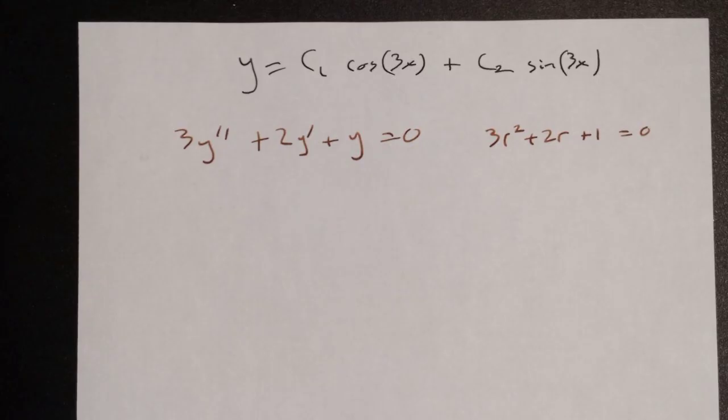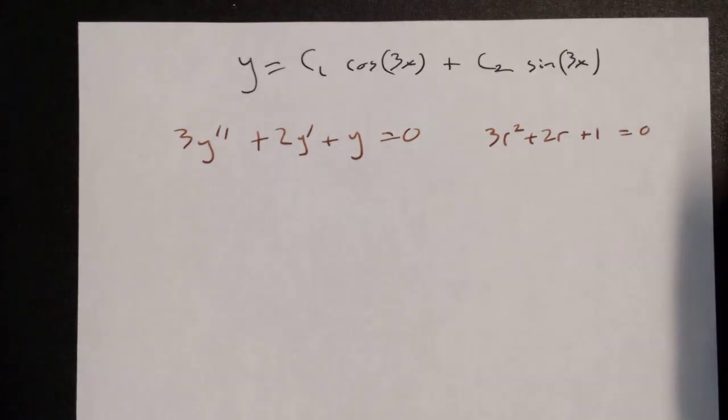This isn't going to factor. So either you're going to have to do the quadratic formula, or you're going to have to complete the square. I actually think in this case, completing the square is better. Let me walk you through that.